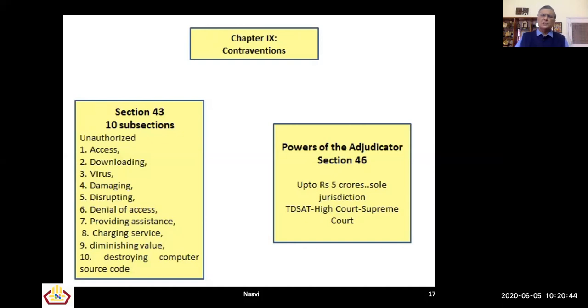Then it uses a particular terminology. Any action which results in diminishing the value of information residing inside a computer is considered as a contravention under section 43. This is something which has got a stretchable meaning. What diminishes the value? If I have got a confidential information in the computer, somebody just looks through that, that is diminishing the value.